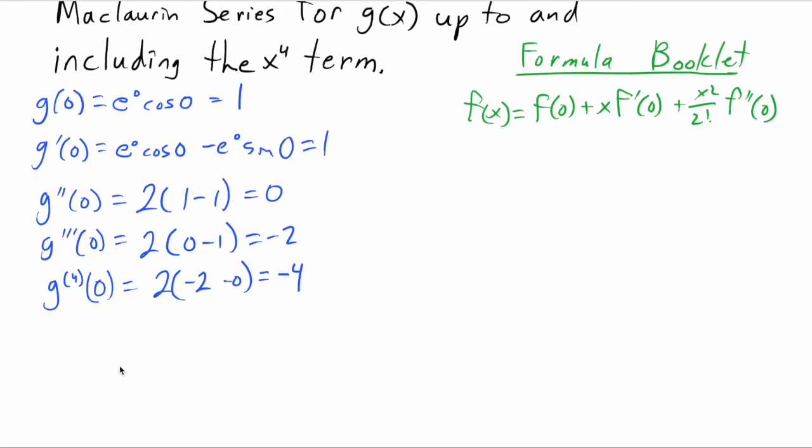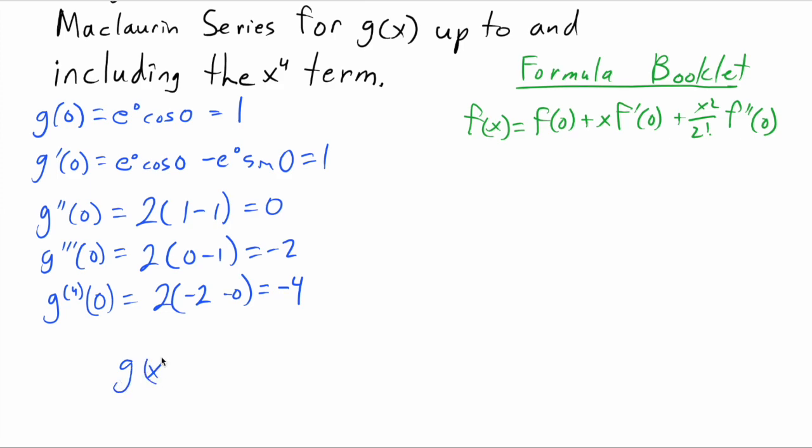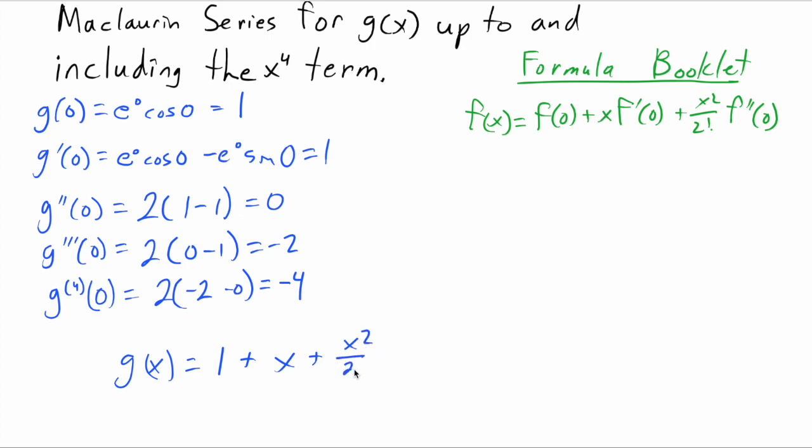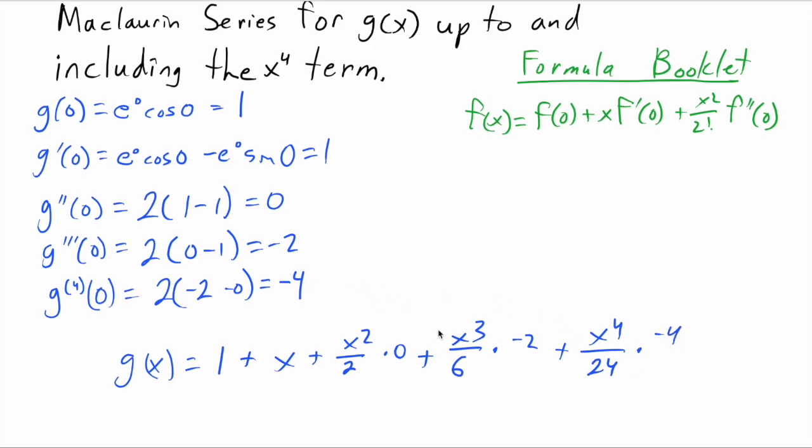So that means the Maclaurin series is f of 0, so that's just 1, plus x, plus x squared over 2 times 0, plus the next one is x cubed over 3 factorial times negative 2, and the last one is going to be x to the 4 over 4 factorial times negative 4.